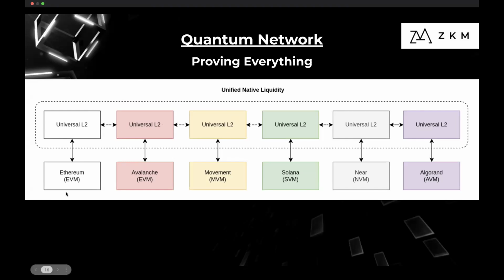The overall system network right here is the quantum network. And we're able to finalize transactions, achieve settlements on one blockchain, generate a ZK proof that this transaction happened and can't be reverted, and then relay that to a completely different, completely independent blockchain. And we're able to communicate that within this quantum network of entangled rollups. So that's the overall vision for what we want our quantum network to look like and also to embrace.